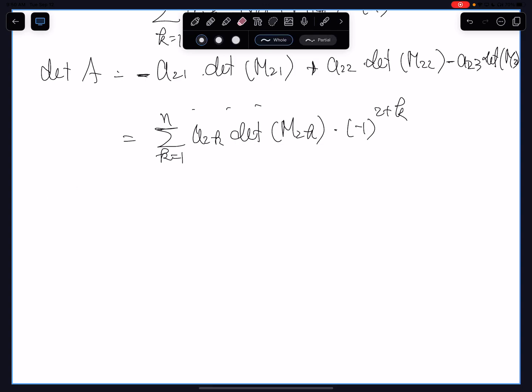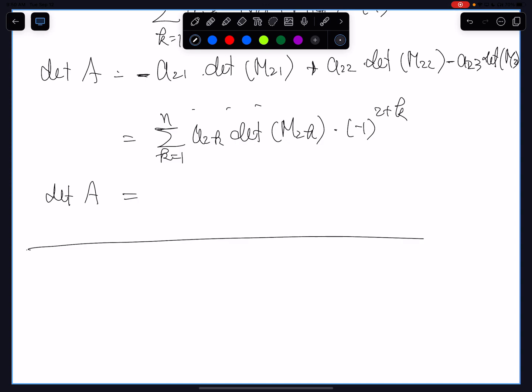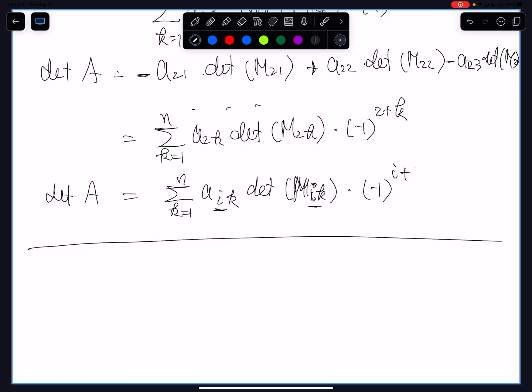So first of all, in terms of a row, the generalization is you can choose any row to define the determinant. So here I'm picking row i, and this will be the general formula. This is the same for any i you choose.